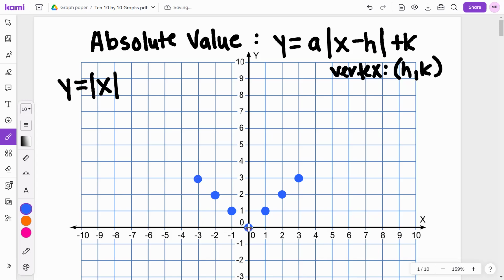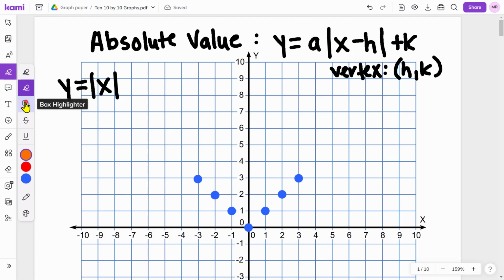What you'll notice is I'm going up 1, out 1, up 1, out 1, and that's the same in this direction. Then we would connect these points with a line, and it's going to form a V. So we're going to end up with a graph like this.